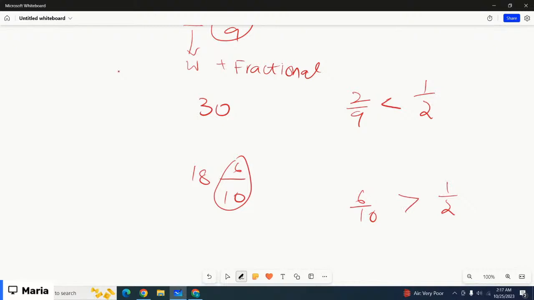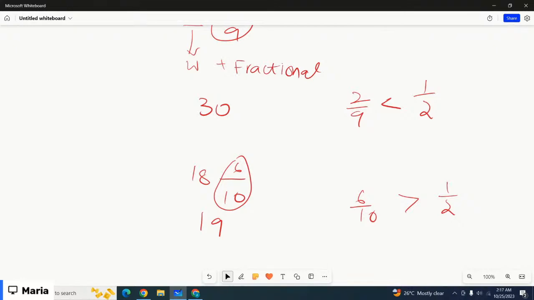That means you need to round to the next whole number, that would be rounded off to 19, right? The correct option is 19. So that's how you round off the mixed numbers, right?